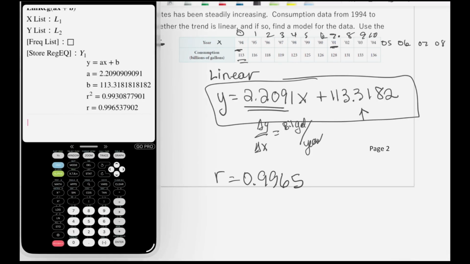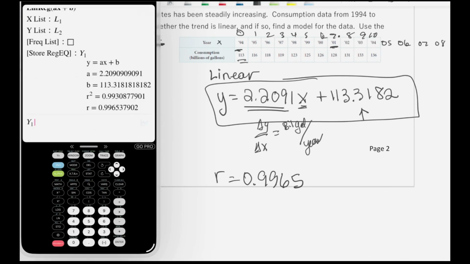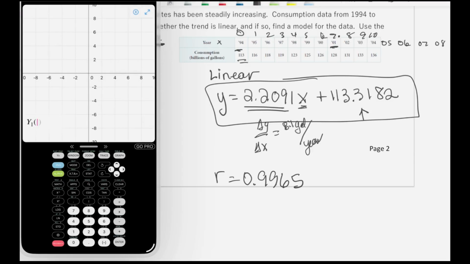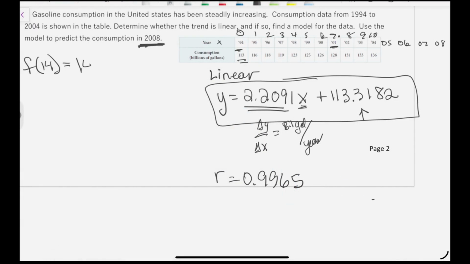So plug in 14 into your X spot. 144.24 billion gallons of gas in 2008. There we go.